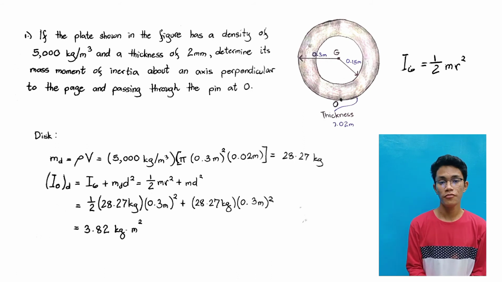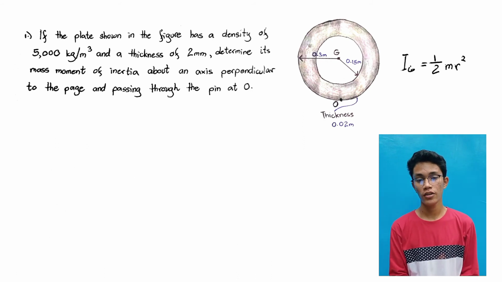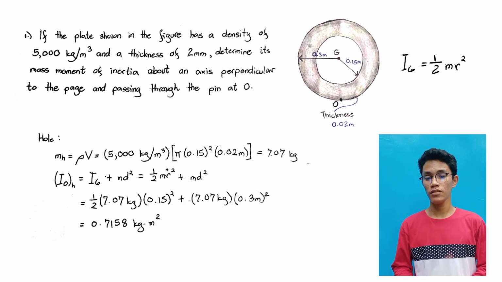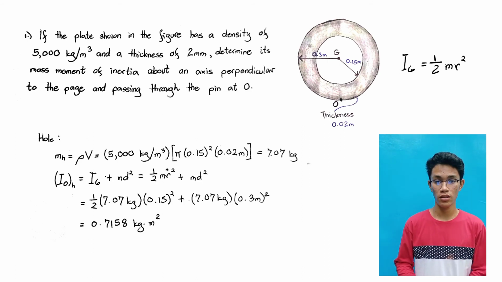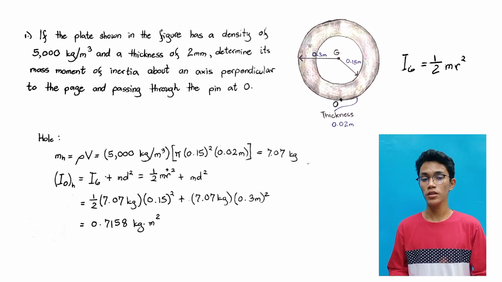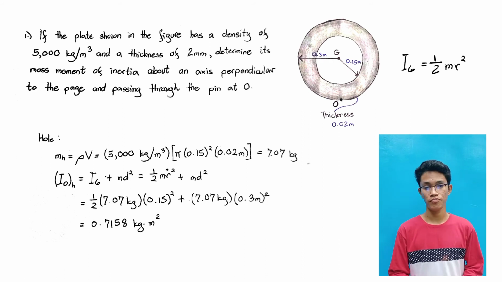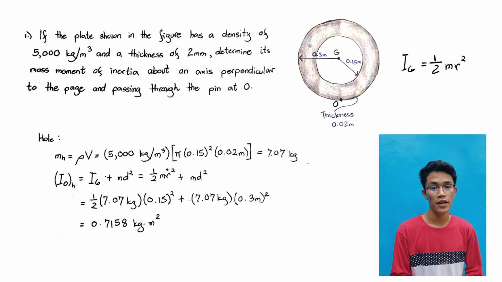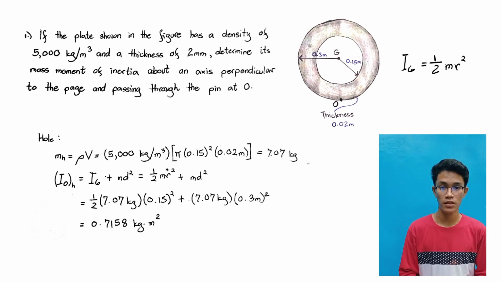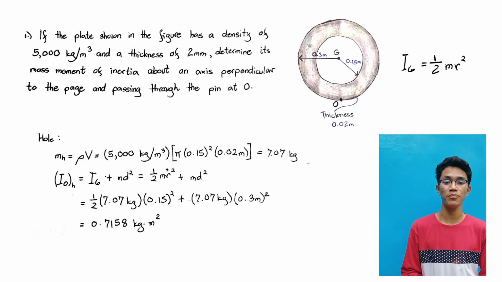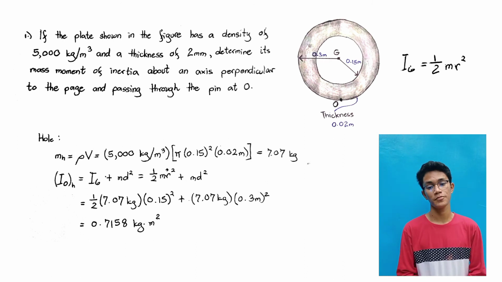Let us proceed on finding the mass moment of inertia for our hole. Let us start with determining the mass of the smaller hole. In order to find the mass, we are going to multiply the density and its volume. The density is equal to 5,000 kg per cubic meter and the volume is equal to pi times 0.15 squared times 0.2 meter. So we have the mass of 7.07 kilograms.